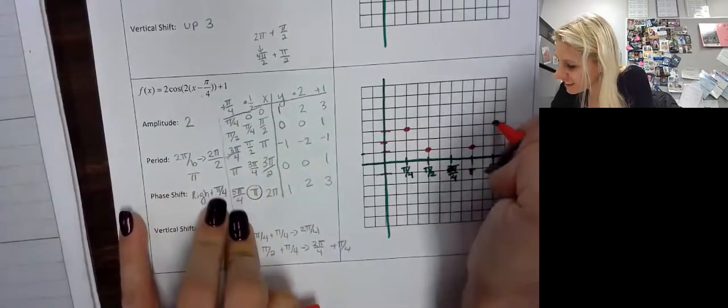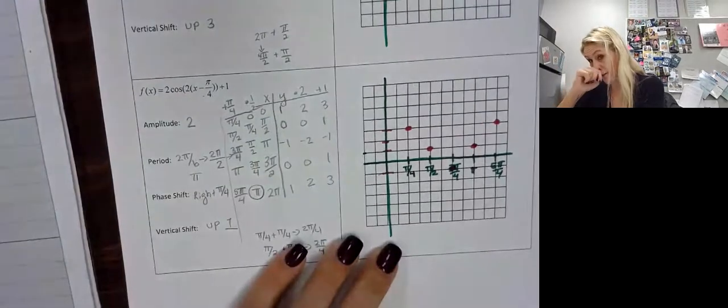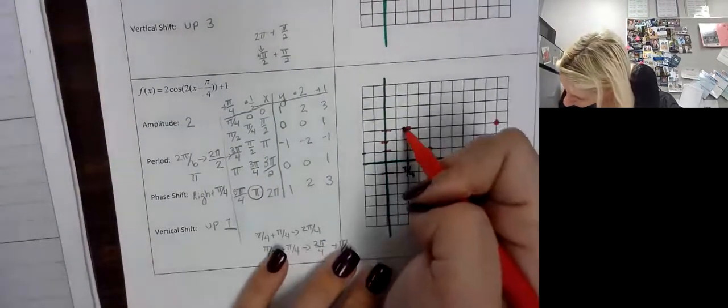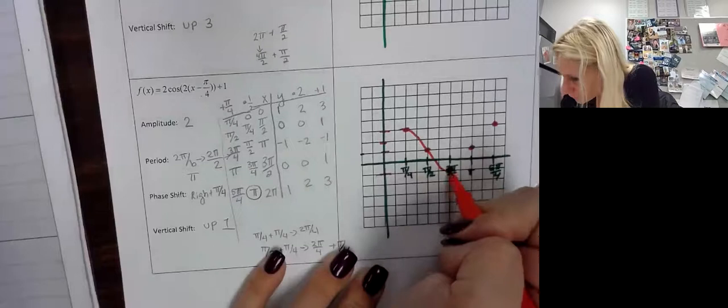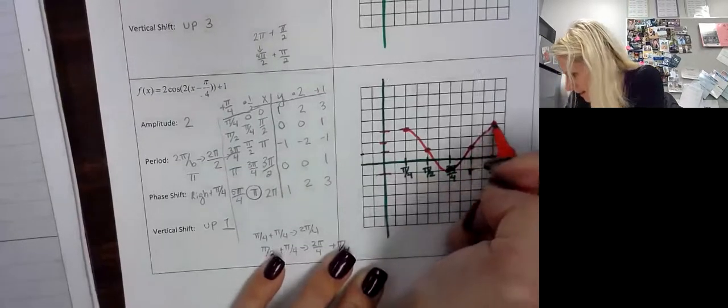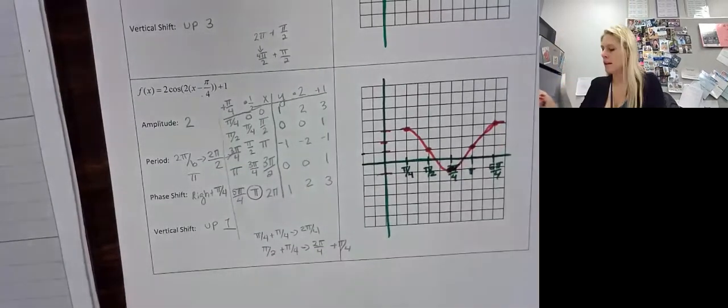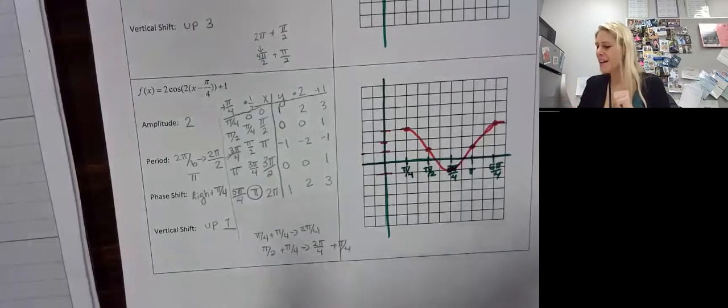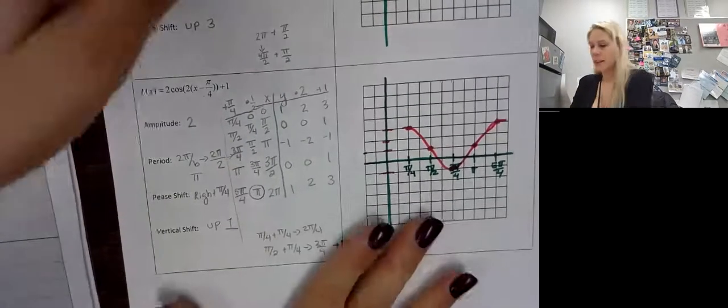Now remember, this is a cosine, so cosine should look like our valley. And it does. And it moved over to the right. It moved up. Sorry, guys, my nose is running. So look at that. That's awesome.